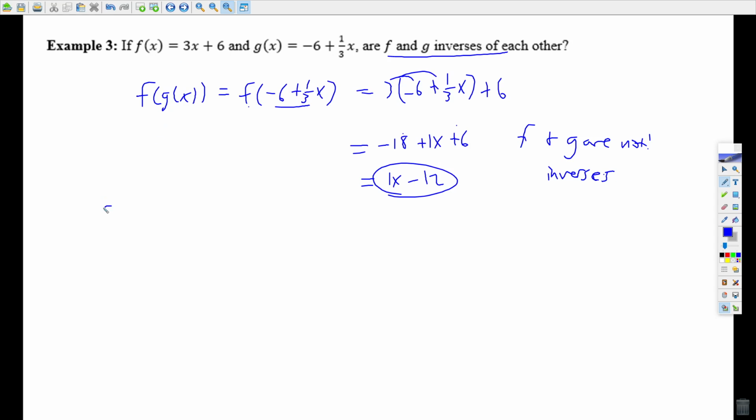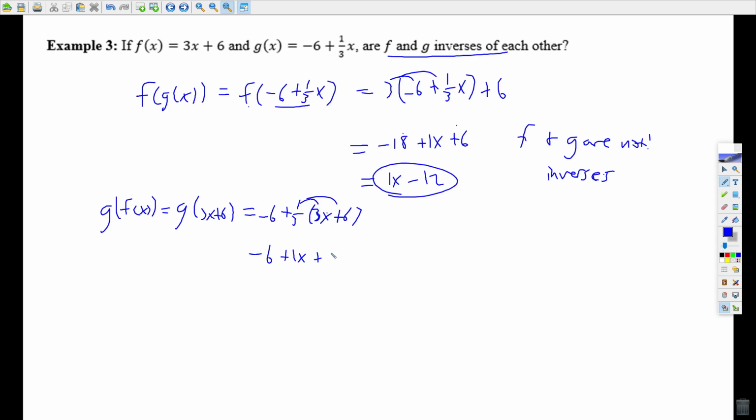We could just check and see the other way real quick. Let me just plug that in there, see what it looks like. It would be this with f, 3x plus 6, and that would go into the g function. Just seeing if it gave us a different answer. Distribute that, so negative 6 plus 1x.